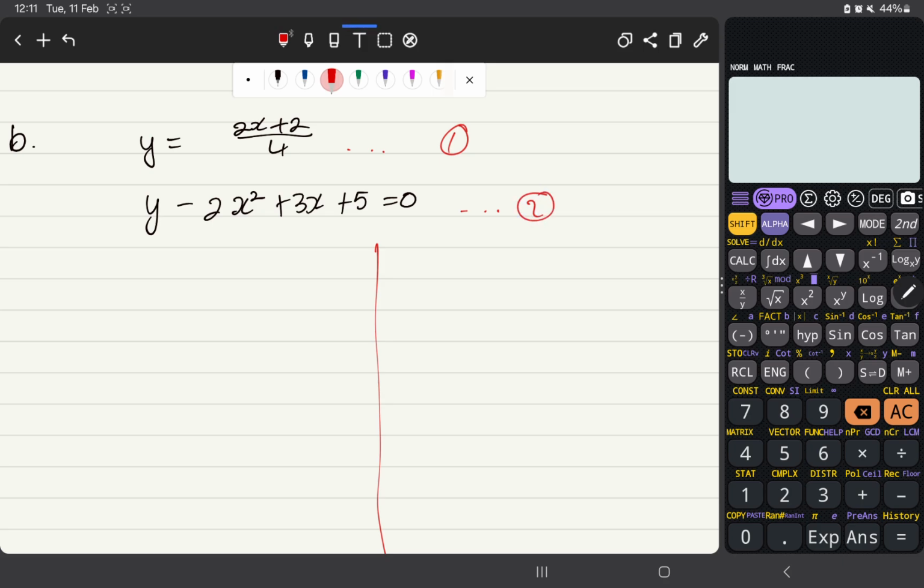I can just substitute equation 1 into equation 2. But me personally, what bothers me is that fraction, that over 4. For some reason it bothers me and it feels like it might make my life miserable. You can go on with it and substitute equation 1 into equation 2.